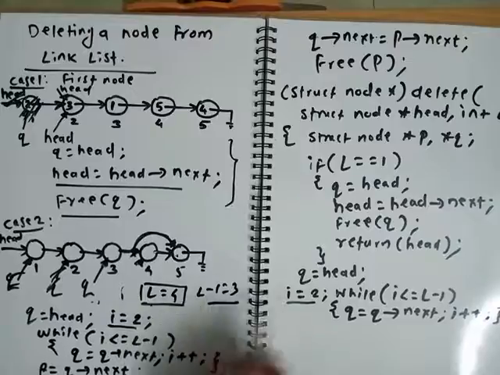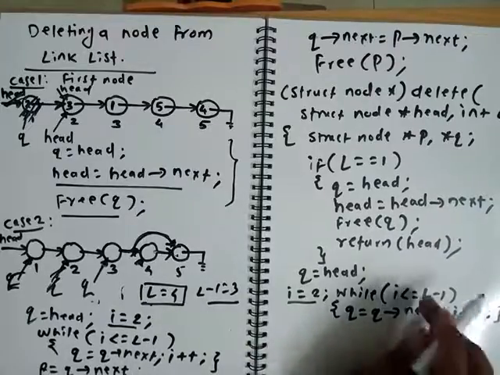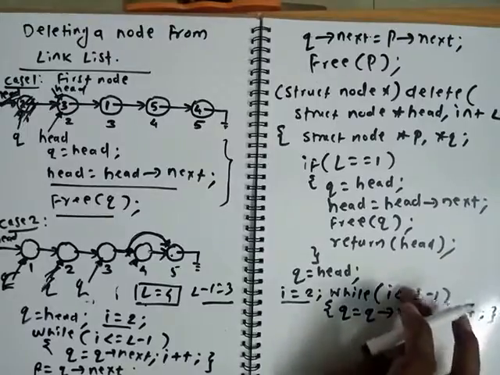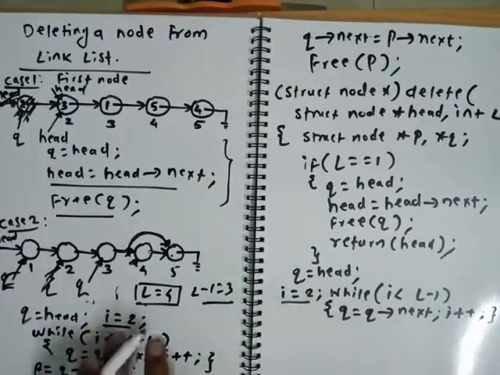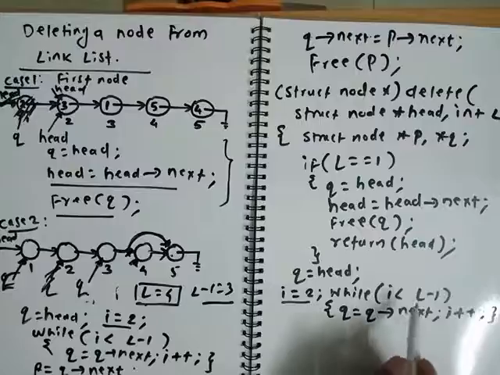So now 3 is not, sorry, this condition has to be less than L minus 1, okay. So now I has become 3, so 3 is not less than 3, right?